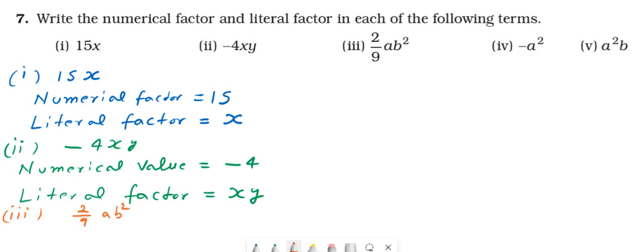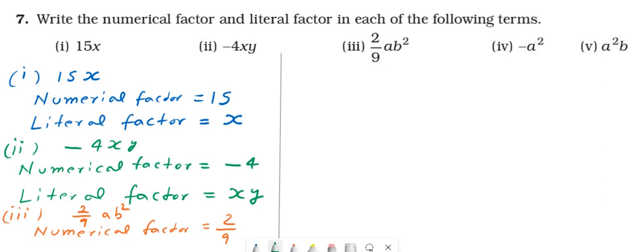So beta, the numerical factor is 2 upon 9 and the literal factor equals ab square.